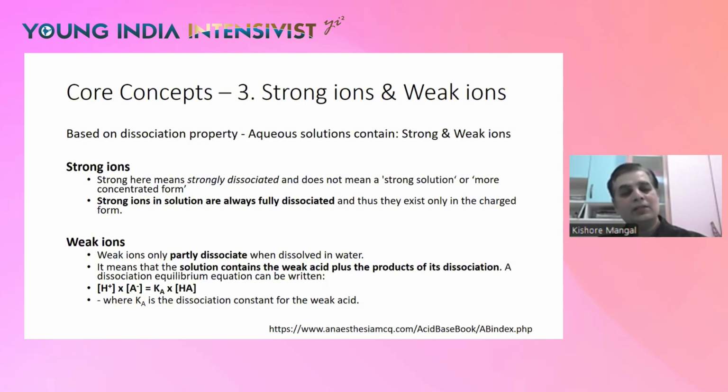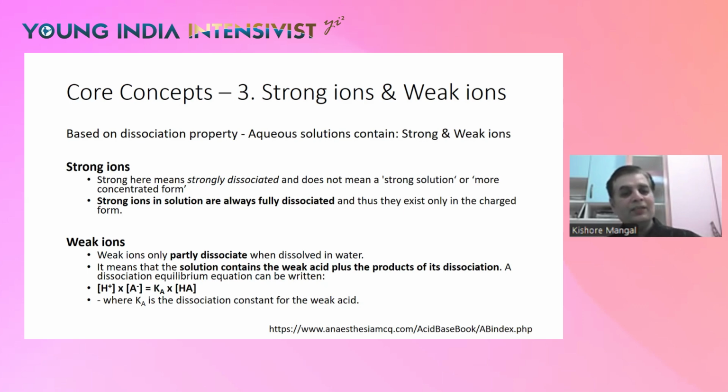For example, sodium. Sodium is always present as Na plus in the water. Chloride is always present as Cl minus. It is not present as HCl, or sodium as NaOH. Okay, so it is never like that. So these are strong ions.